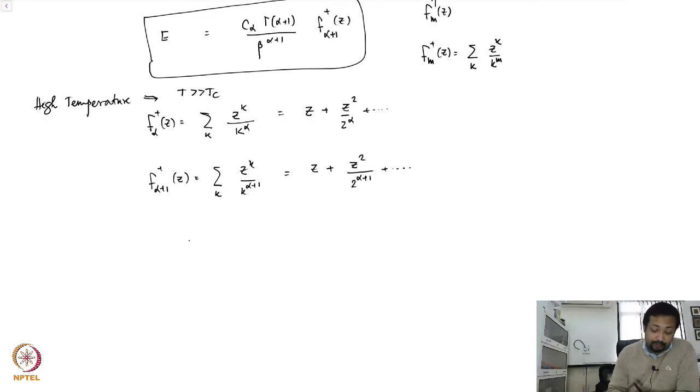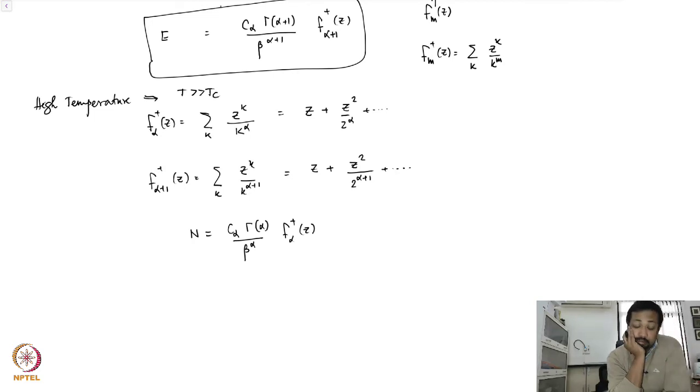So starting again from the expression for the particle number, which I had, C_alpha Gamma(alpha) beta to the power alpha f alpha plus of z. And the standard trick is that the fugacity must be determined from this relation.